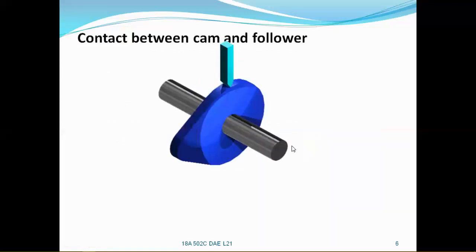The contact between cam and follower. Here you can see this is the shaft, and as it is rotating, this cam is also rotating, and this is the knife edge follower, which has reciprocating motion. It is always remaining in contact with the cam profile, the cam's outer part.